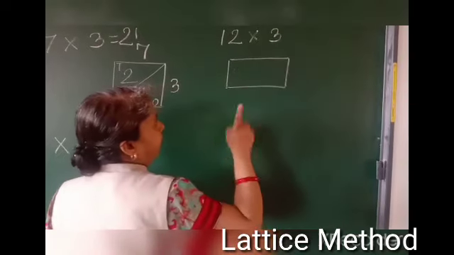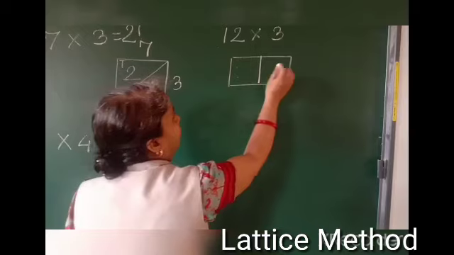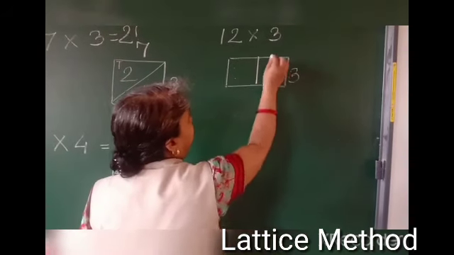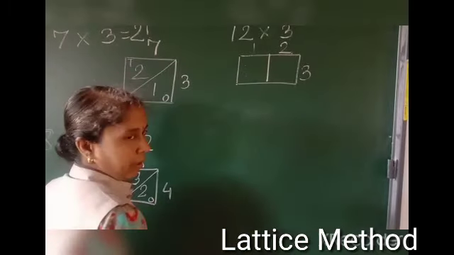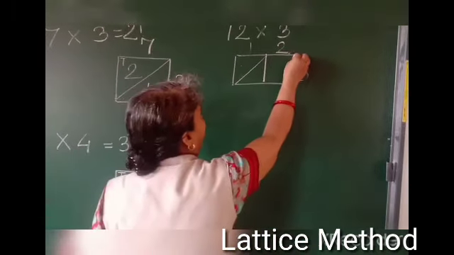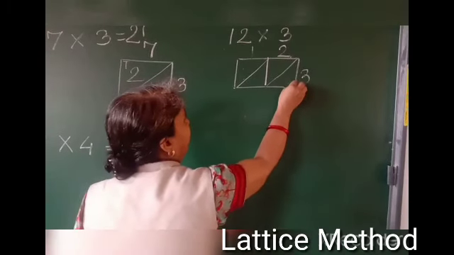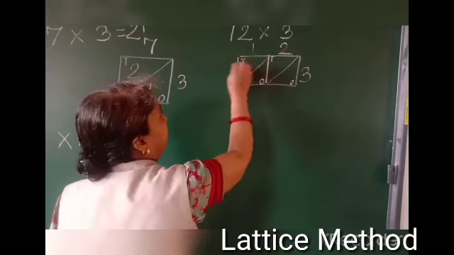Here how many digits? Only one, so this is one block, divided into two parts. Here I will write 3, this will be 2 and this will be 1. Again I will divide these blocks into ones and tens columns. This is ones and this is tens, again this is ones and this is tens.